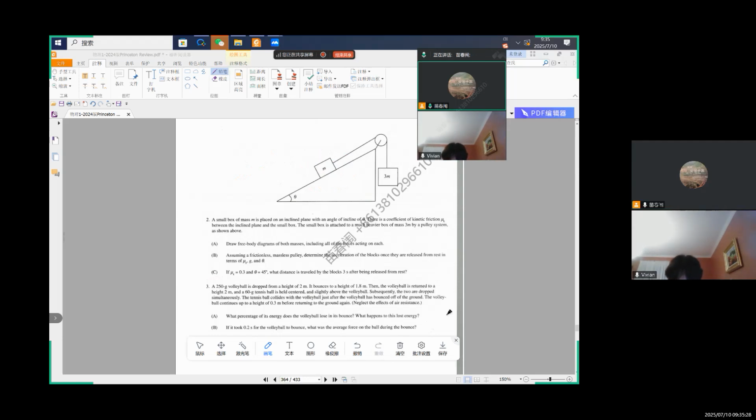You have to balance the normal with the component of gravity. Let's go see. It's minus the mg sine theta.